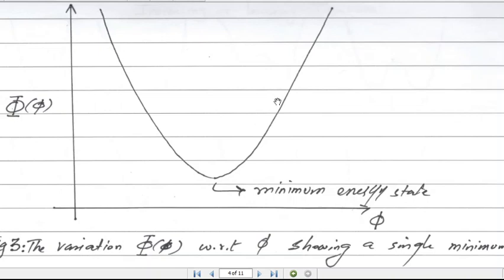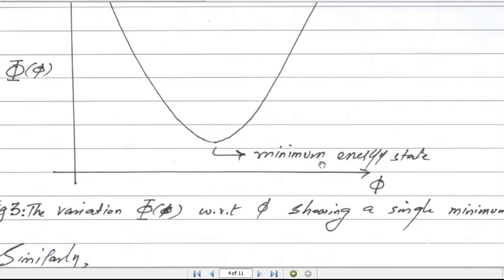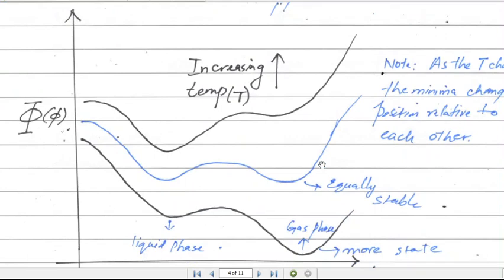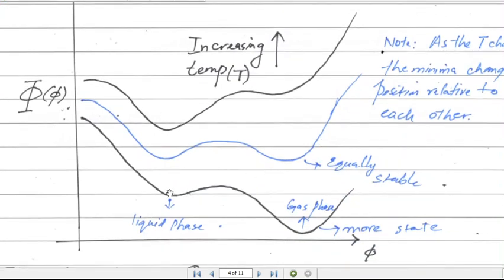So the minimum of one potential well will represent the stable state of one particular phase. Similarly, in the case of phase transitions, when the system goes from one stable state to another stable state, we can think of it in terms of two minima. One minimum will represent the stable state of one phase, the other minimum will represent the stable state of the other phase.